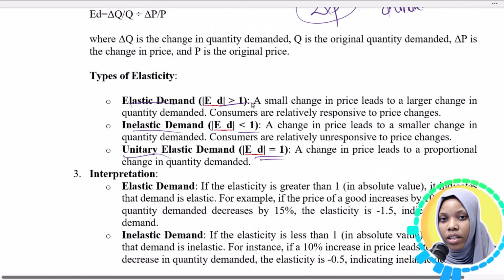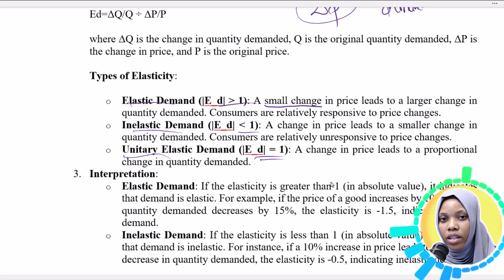Let us first read the elastic, inelastic, and unitary demands. And we say in elastic demand, a small change in price leads to a larger change in the quantity demanded. So the consumers here are very responsive.